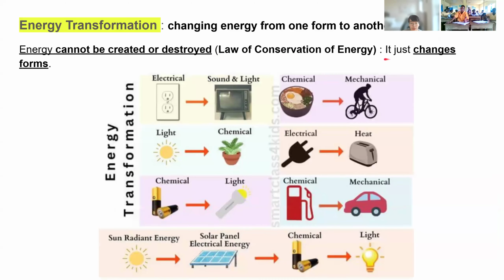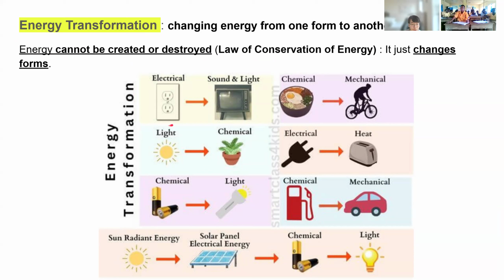This is actually a really important law called the law of conservation of energy. So the test might ask you to state the law of conservation of energy, but now you know that it's when energy cannot be created or destroyed, only changing forms.